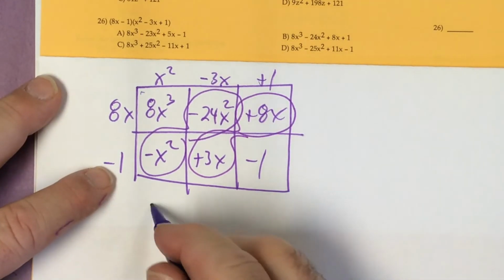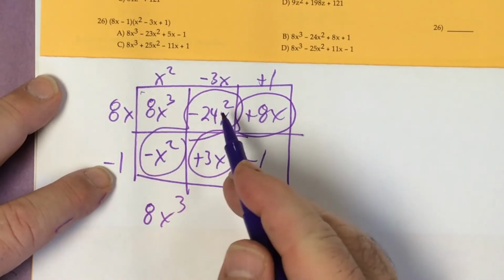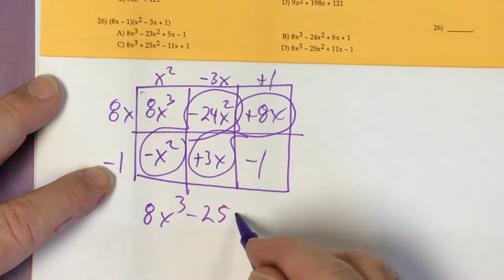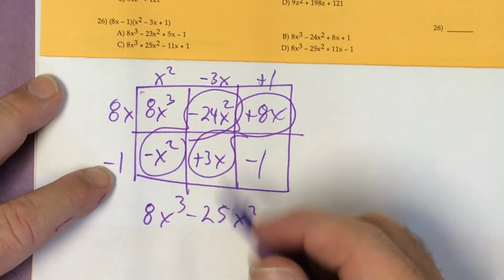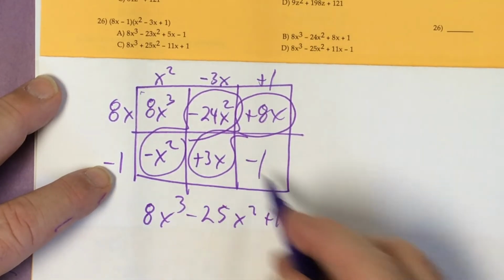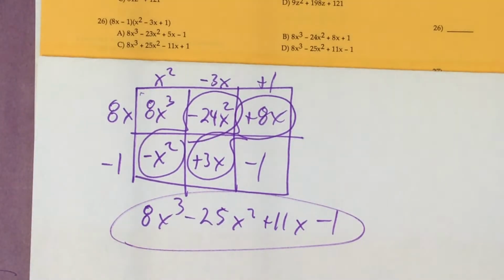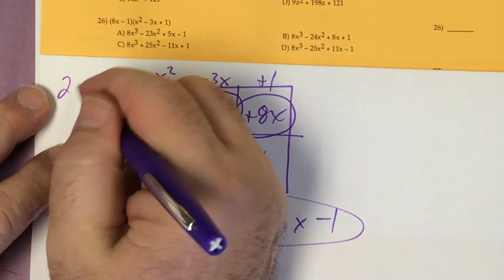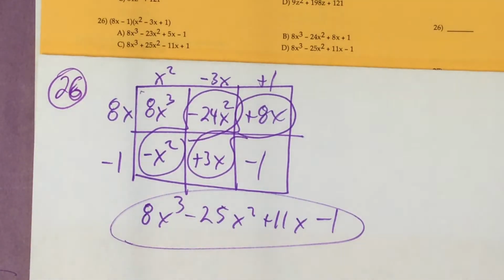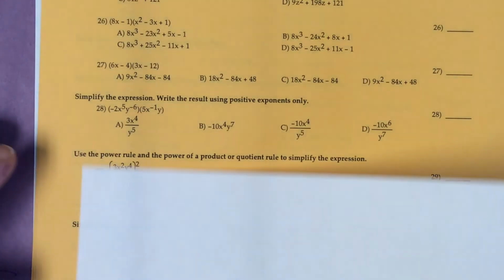And once I combine everything, we're going to get 8x to the third, negative 25x squared. We add these. This is going to be plus 11x and then minus 1. So this is going to be the answer for question 26. In case you missed that. So that's question 26. We'll go ahead and take a look now at 27.